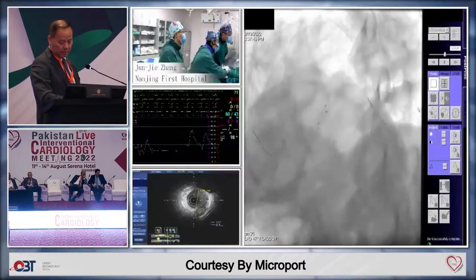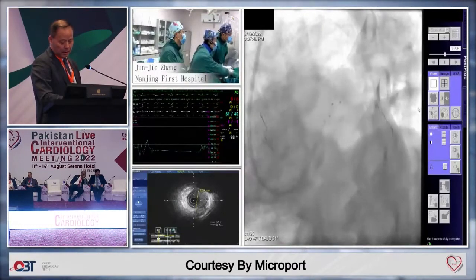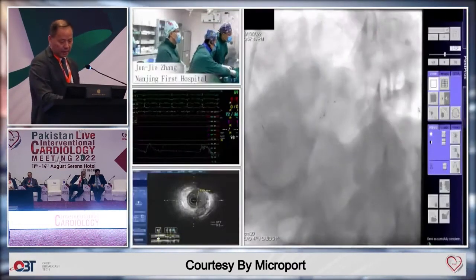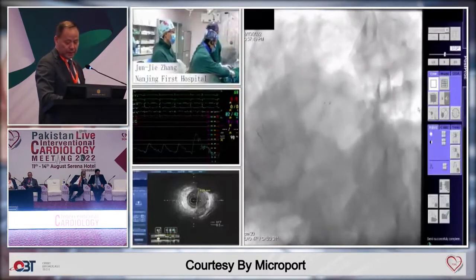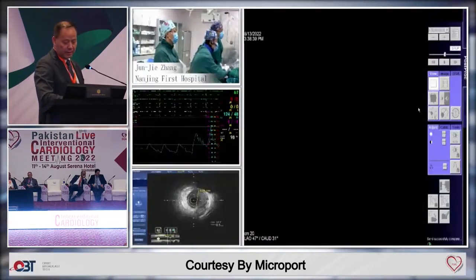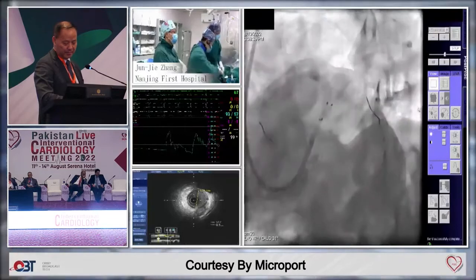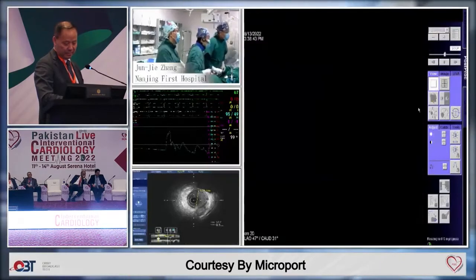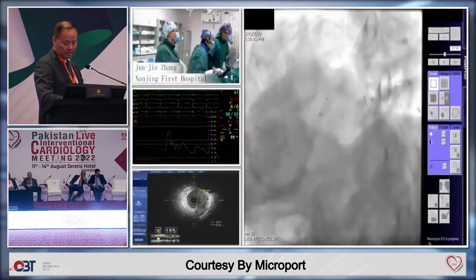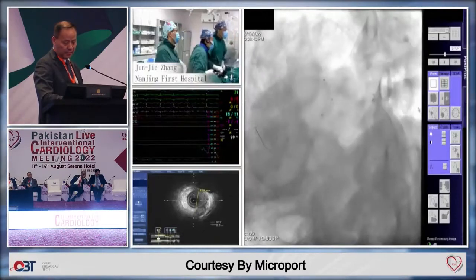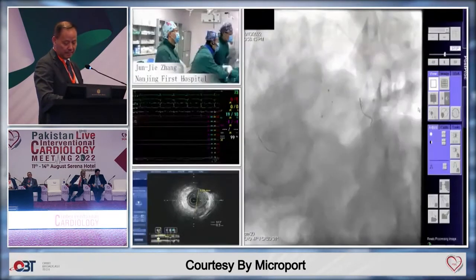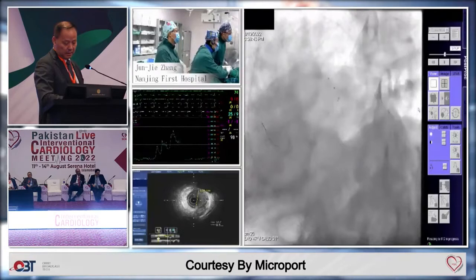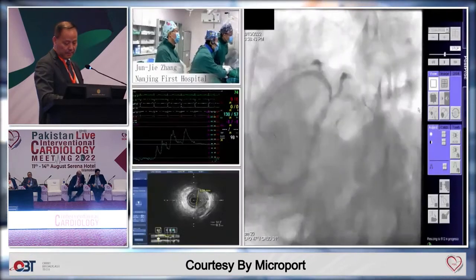Test, please. Okay, we didn't pause. Yeah, okay. I think you can put the LAD balloon as distal as possible. Oh, okay. Thank you very much for your suggestion. Yes, perfect. It's safe. Yeah, thank you, Prof. Small test, please. Okay, good position.